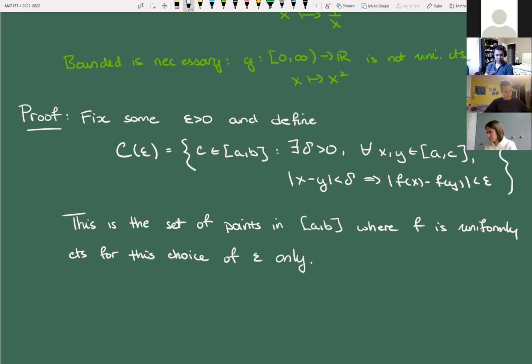Right? Is that okay? Is everyone bothered by that? So if epsilon is equal to 1, I'm saying C sub epsilon is the points in the interval [a, b] where I am uniformly continuous with epsilon equals 1, right? And then I'm going to let epsilon be a half and do the same sort of thing.